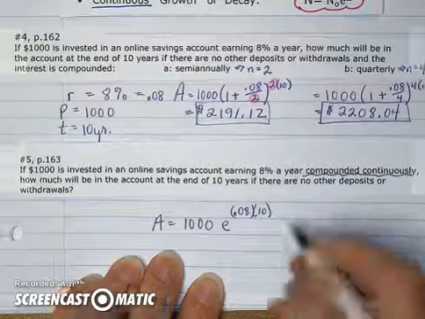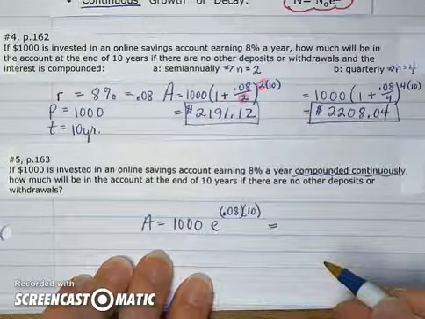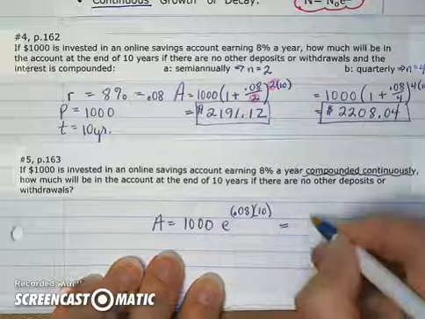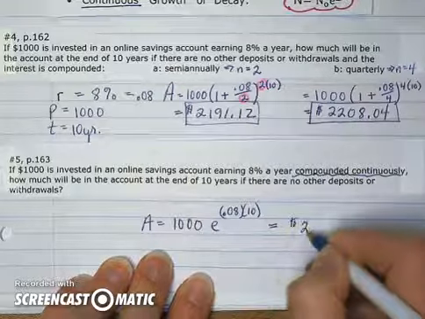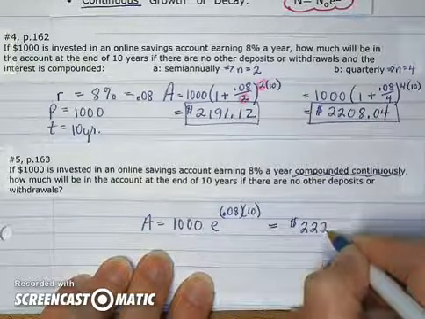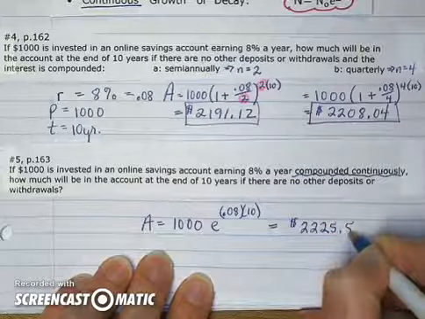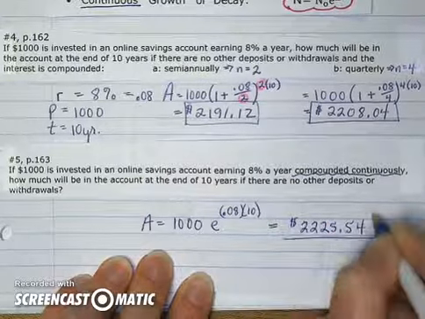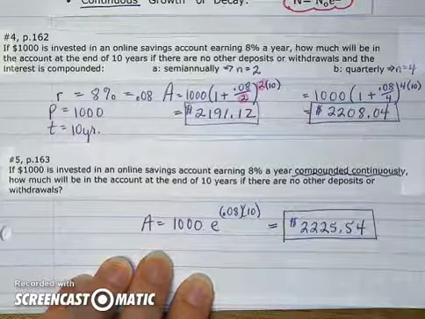And that value, again, you would work on your calculator, and you have 2,225.54.